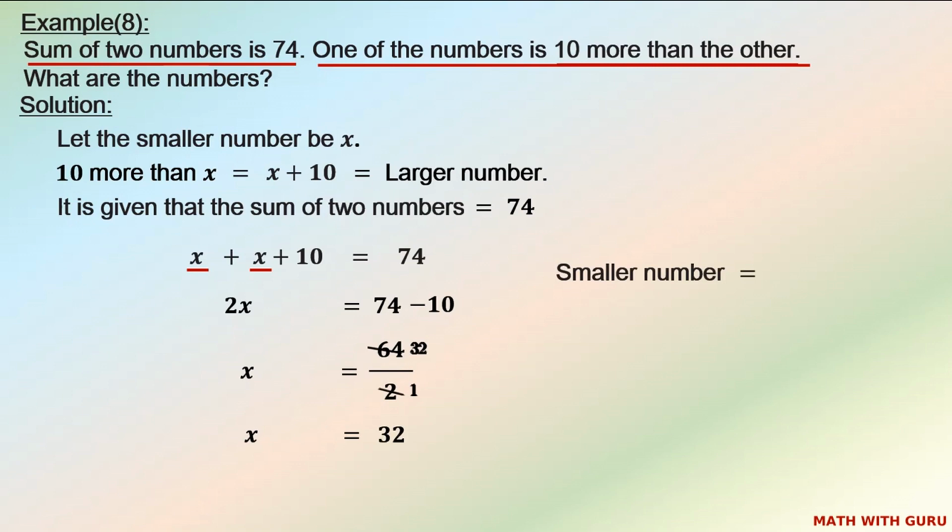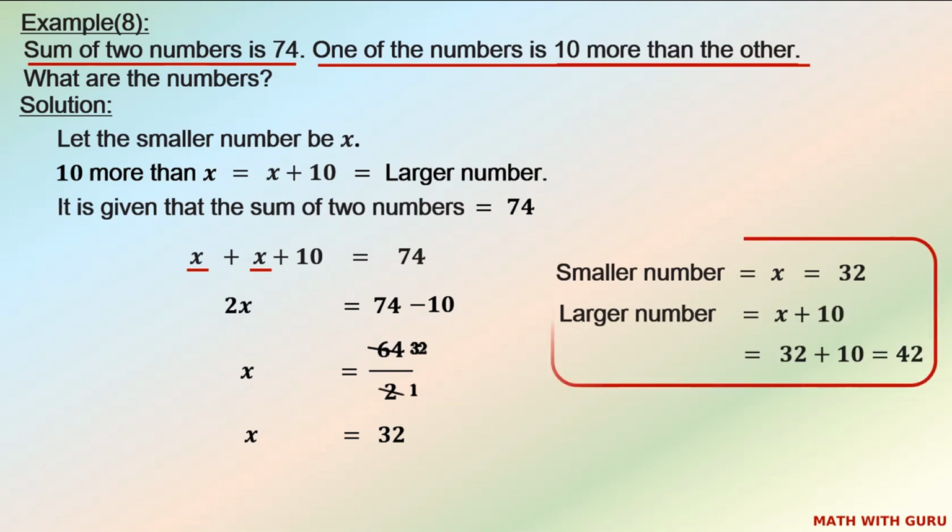Smaller of the numbers is x, that is 32. Larger number is x plus 10, which is 32 plus 10 equals 42. What is their sum? 32 and 42. It's 74. Therefore, our answer is correct.